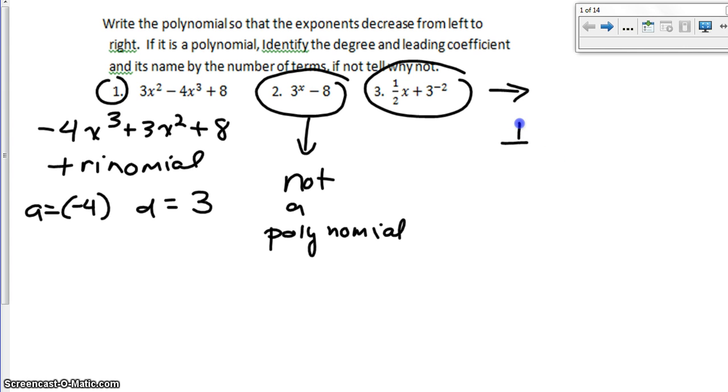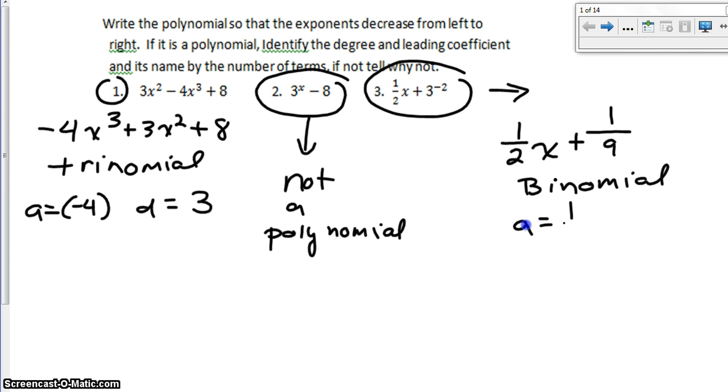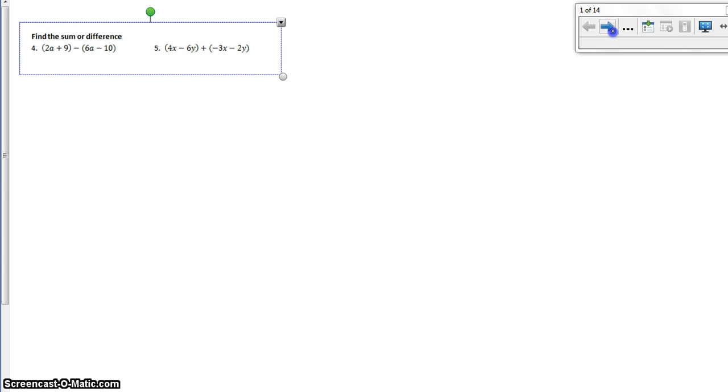In this case, this is 1/2 x plus 3 to the negative 2 power, which is 1 divided by 3 squared, which is 9. So, ladies and gentlemen, this is a polynomial. Its proper name is a binomial. The lead coefficient is 1/2 and the degree is equal to 1.